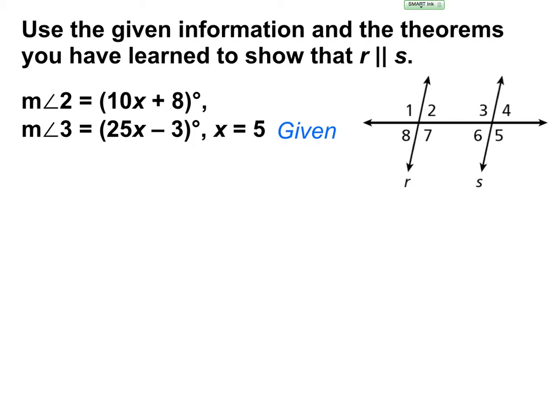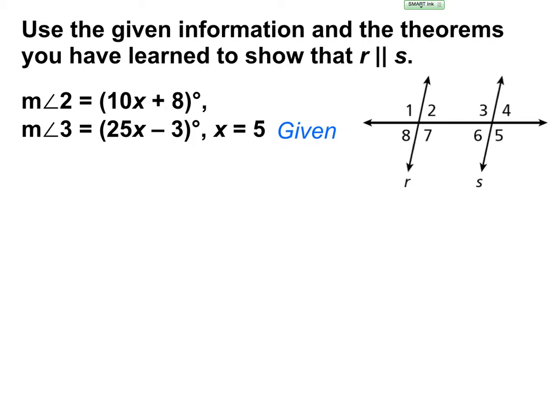Okay, so after that given is stated, then what should we do? What did we do on an earlier example? Plug in X. Okay, and plug in formally would be stated as substitution property of equality. Okay, so put that 5 in there for angle 2's measure and angle 3's measure. Figure out what they equal.